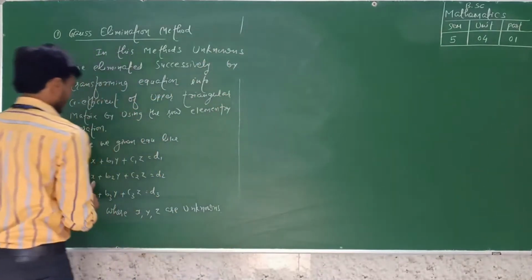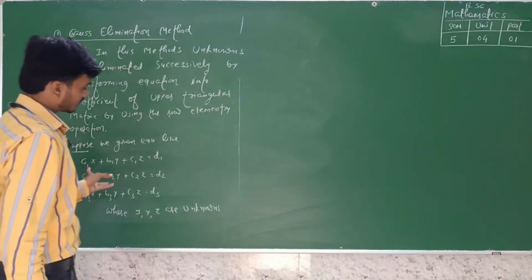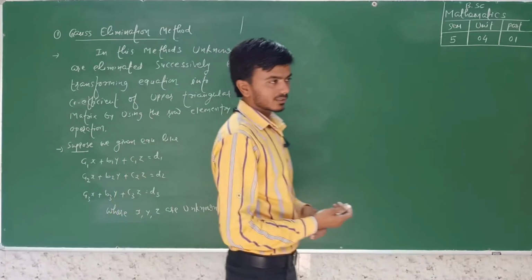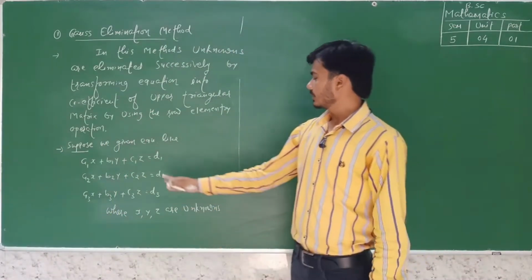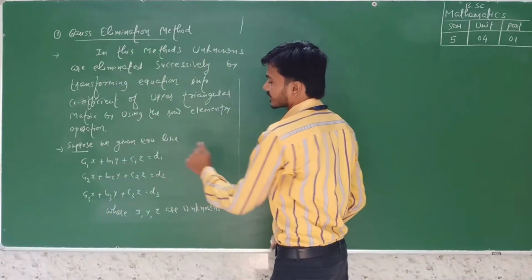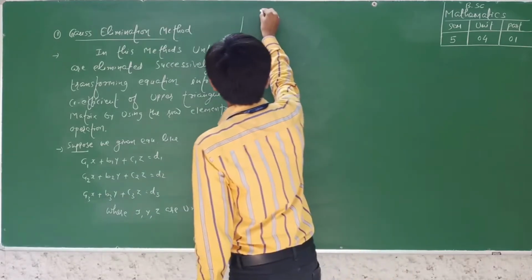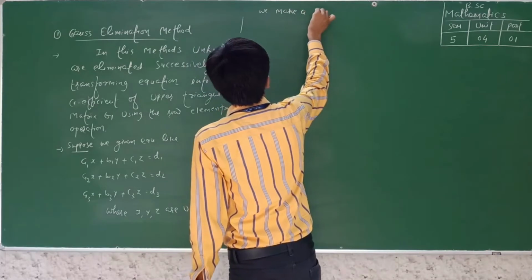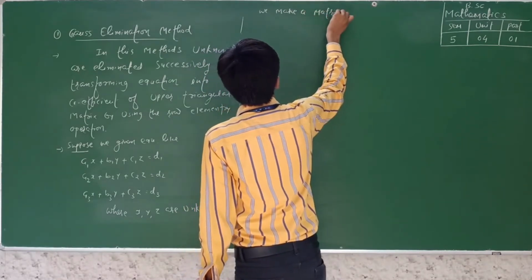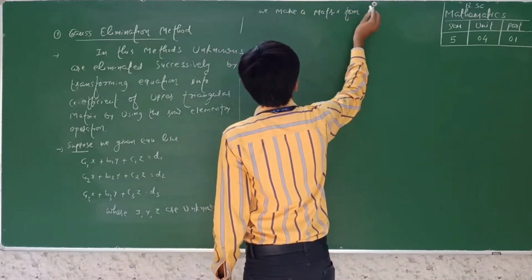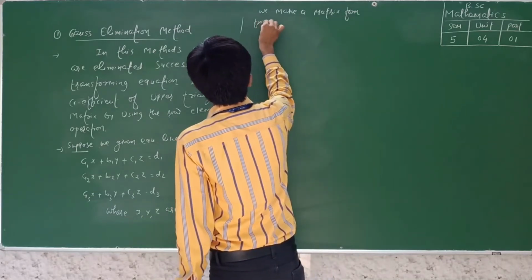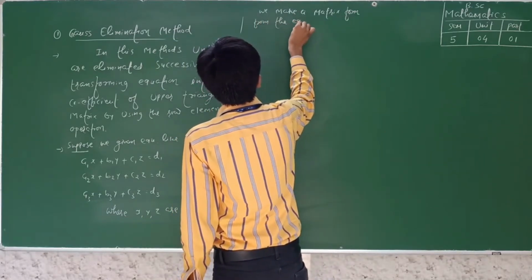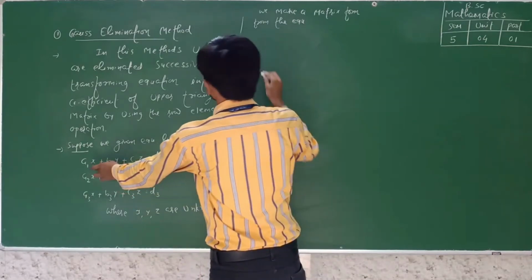From the equations, we can make an upper triangular matrix. First we make a matrix form from the equations.